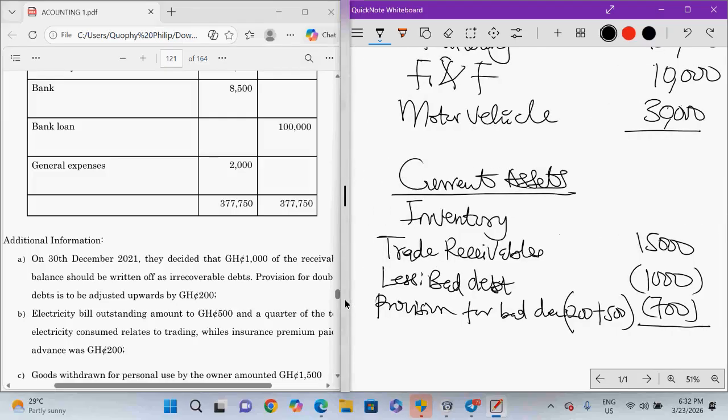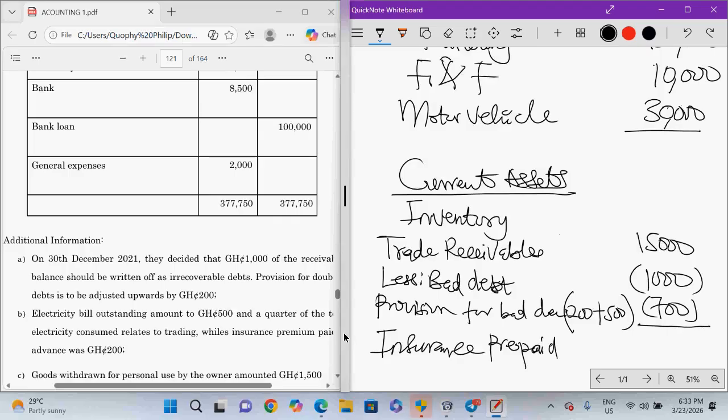So what is the next item? Any expense prepaid? Electricity outstanding? No, we want prepaid. Insurance. Okay, so insurance will come. Any expense prepaid, insurance. So for prepaid, what do we do? In the income statement we deduct it.